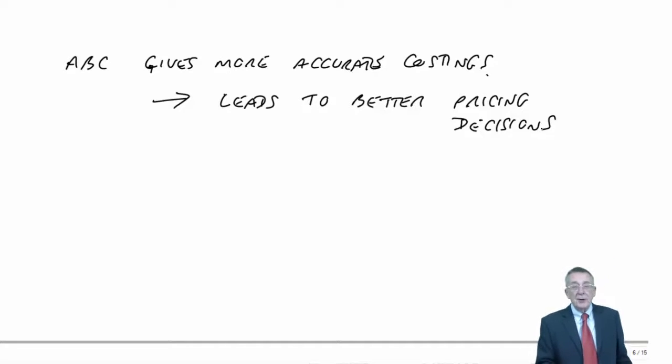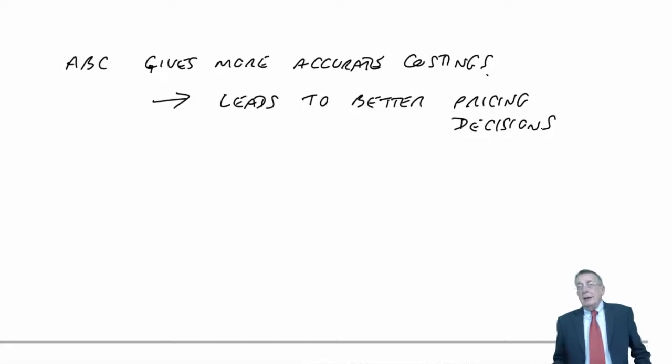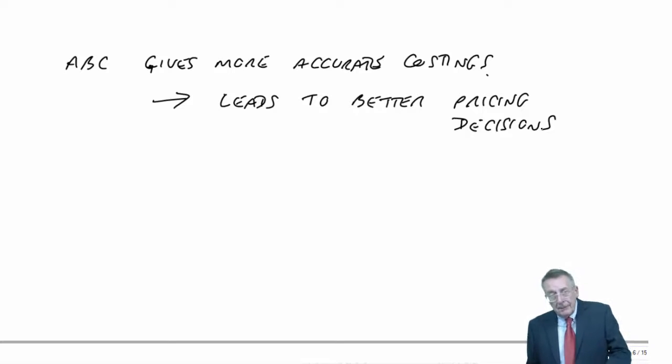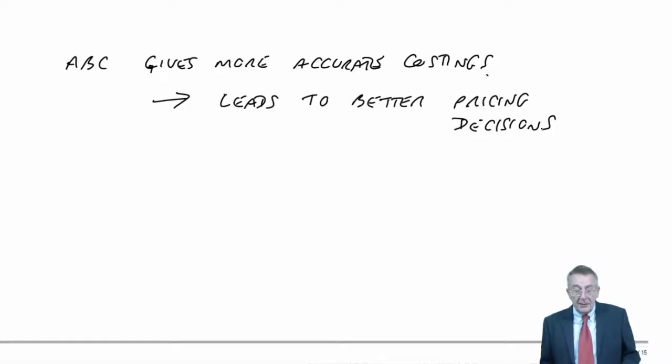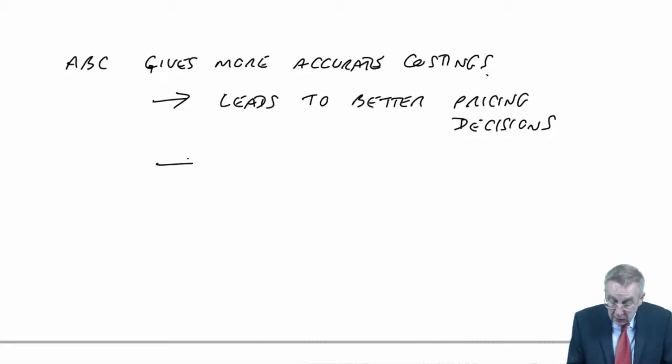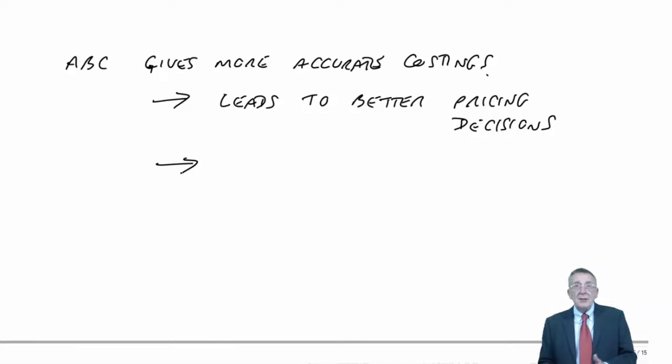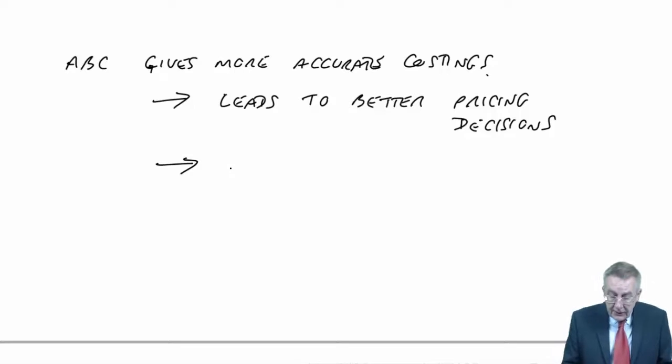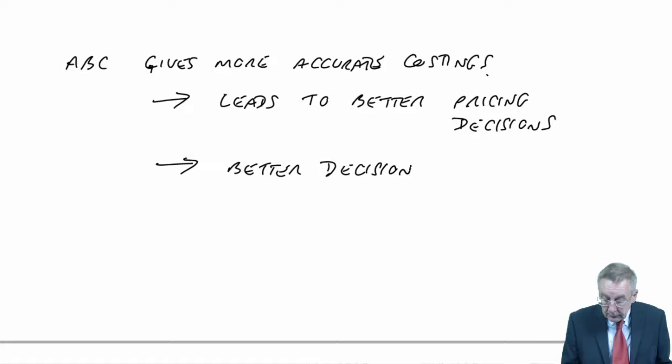Fairly obviously, the more accurate the cost is, the more you can set a selling price to be confident of making a profit. And also other decisions as well. It leads to better decision making based on profitability.